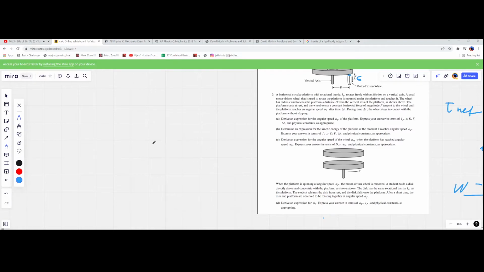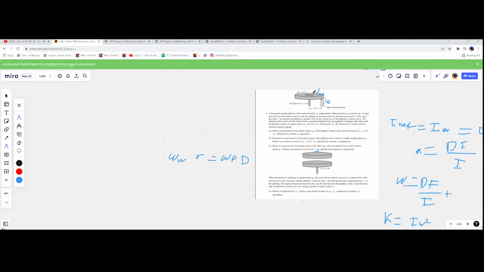So you just have that omega w r is equal to, oh, we can just use, that's really funny. Okay, omega p d, right? That is the linear velocity there, and so ww just equals wp d over r. Easy.